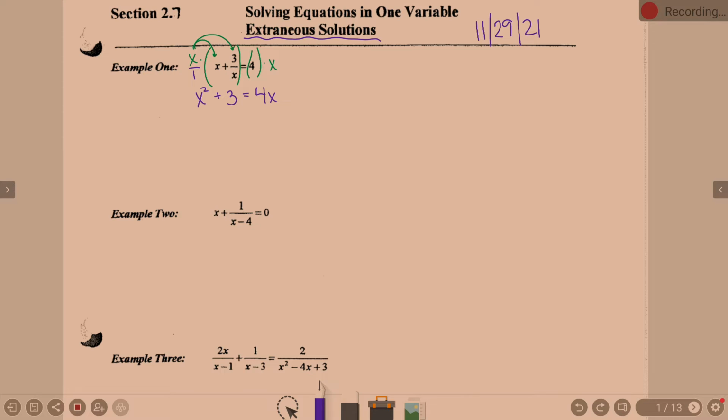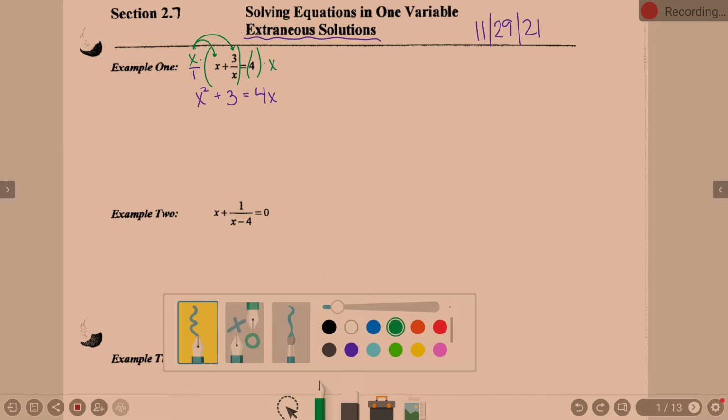Okay. Thoughts on where to go from here? I have x squared plus 3 equals 4x. Bring that 4x to the left side. Okay, make our equation equal to 0. Because there's an x squared term, an x term, and a constant, make our equation equal to 0.